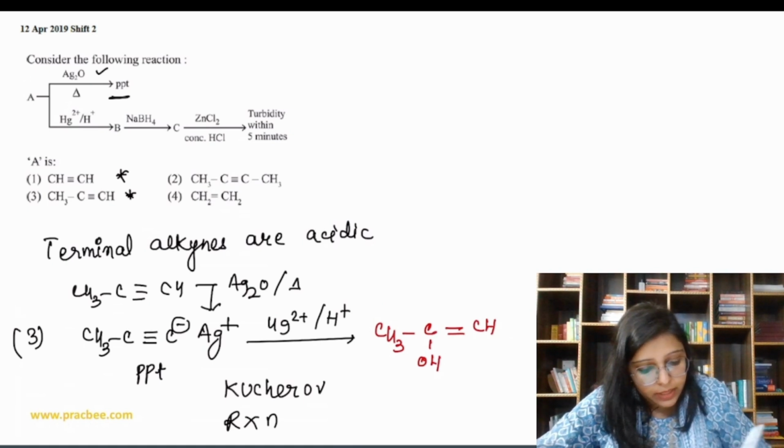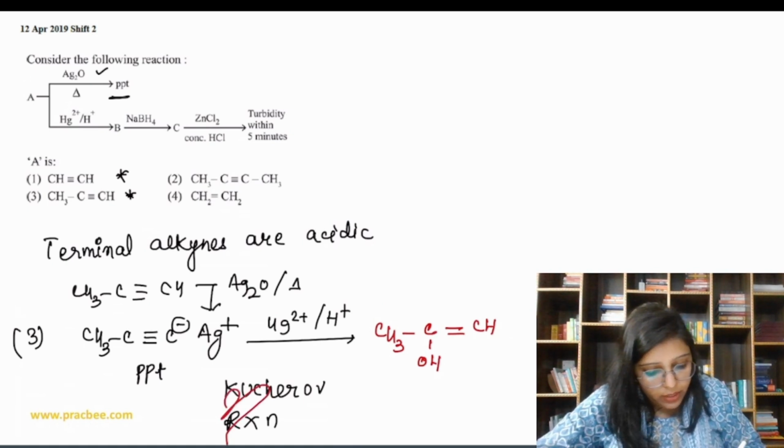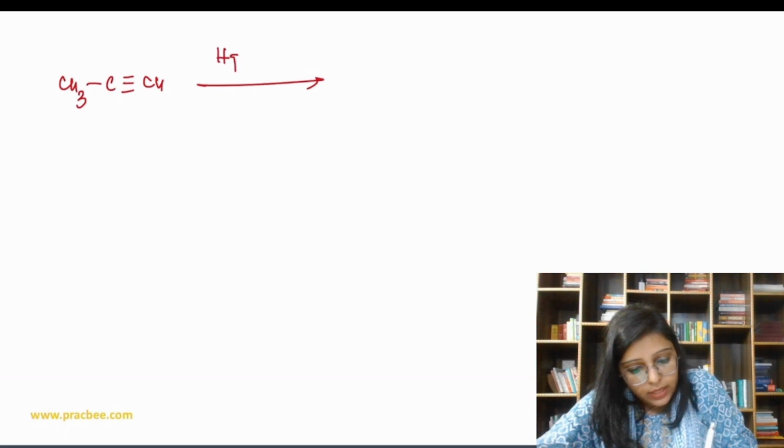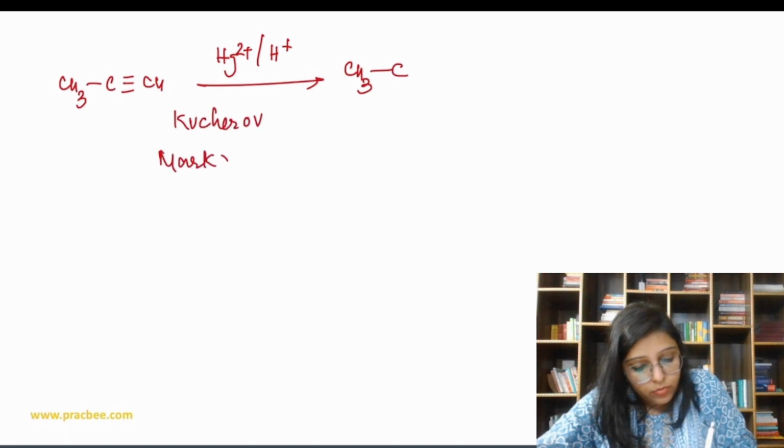Okay, one minute, let me write. I should not write from here. I should be writing from here. If it is CH3C triple bond CH on reaction with Hg2+ and H+, this is the Kucherov reaction and we have to do Markovnikov. So CH3COH double bond CH2.